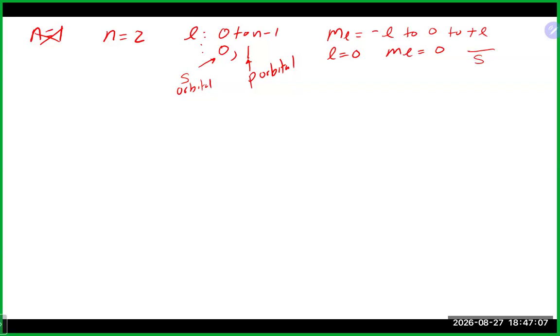We only have one s orbital on any level. Now, if my L value is 1, which also occurs on the second energy level, I could have a value for m sub L that runs from negative L, which would be negative 1, to 0 to positive L, which would be plus 1. That, by the way, is how many numbers? That is 3.